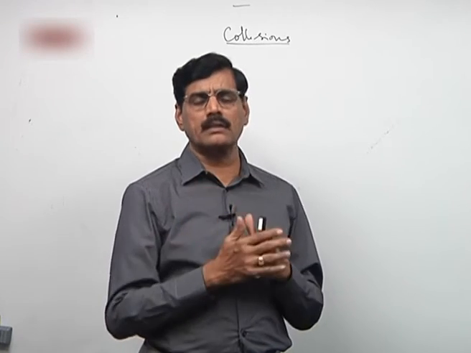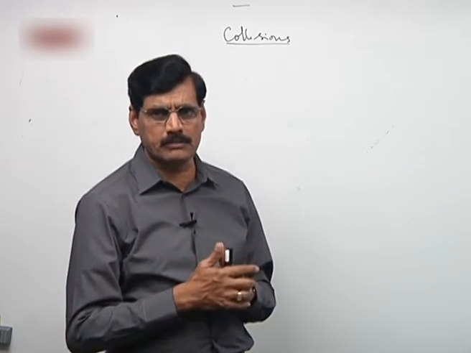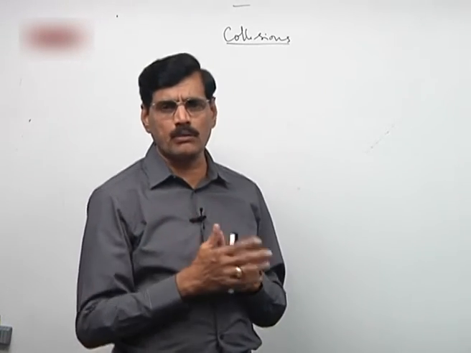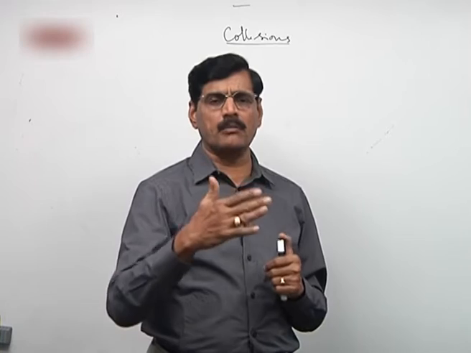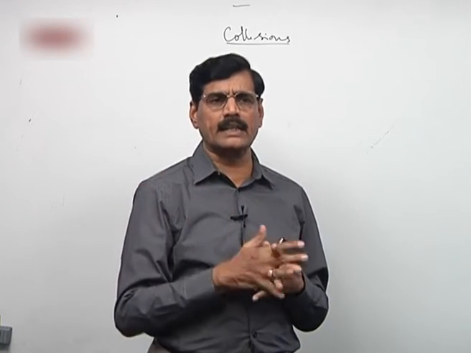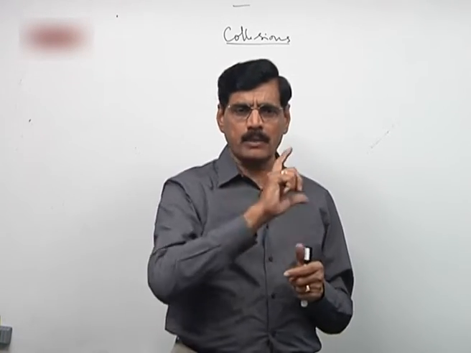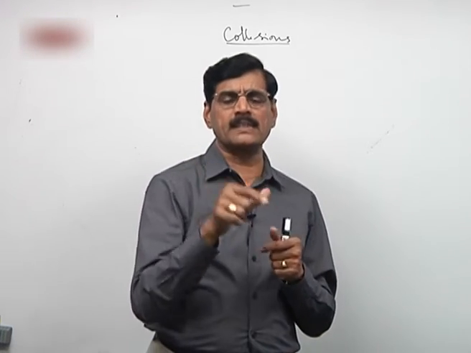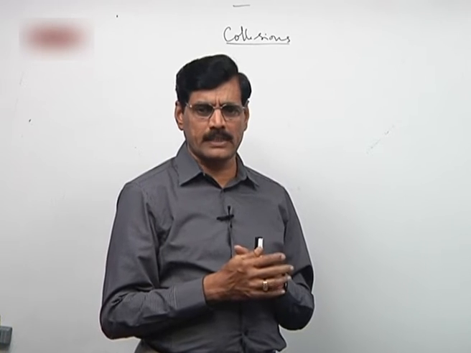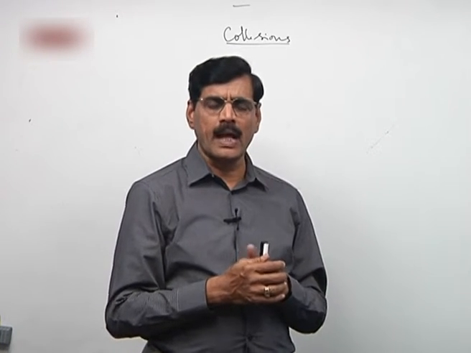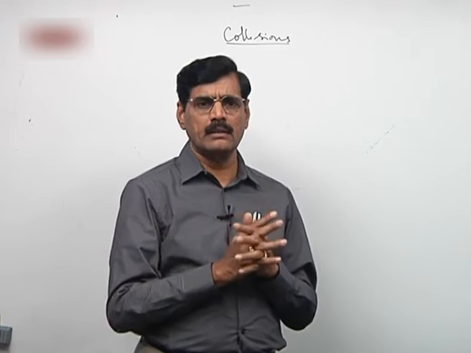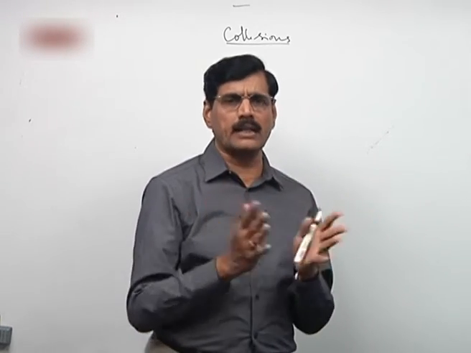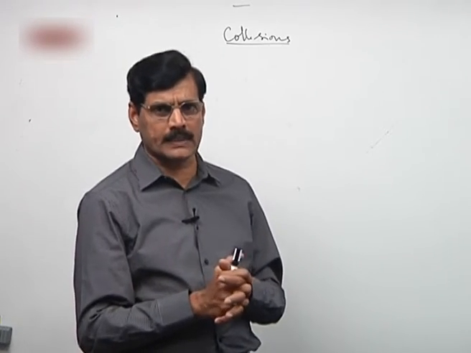The gold nucleus has a positive charge and the alpha particle is also positively charged, so there is a strong Coulomb repulsion, which makes the alpha particle get deflected at different angles. When compared to the observation of the alpha particle motion, the time it spends near the gold nucleus is very, very small. Before the event, the alpha particle was moving along a particular line, but after the event, the alpha particle is going in different directions.